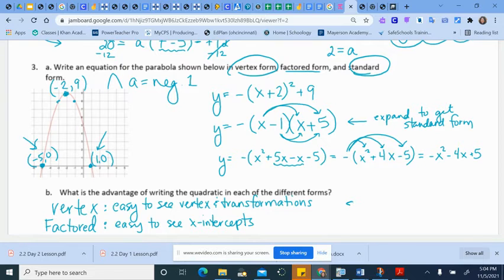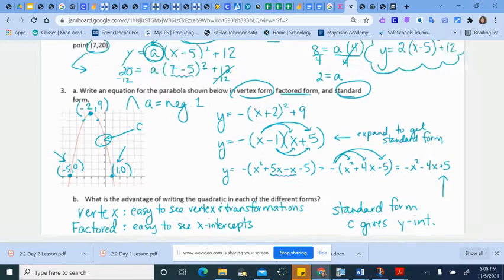Standard form, the only thing that one tells us real quick is that last number there, we call that c, that tells us the y-intercept. So it was 5 over there, and look, that's where it crosses. c gives the y-intercept. That's really the only thing that one's good for.